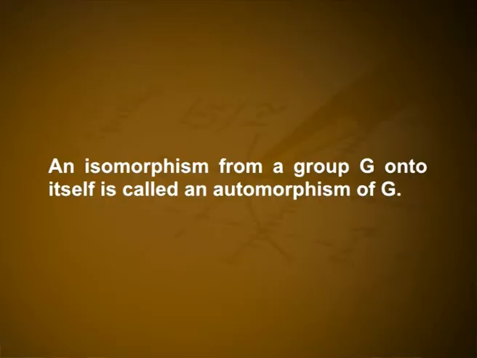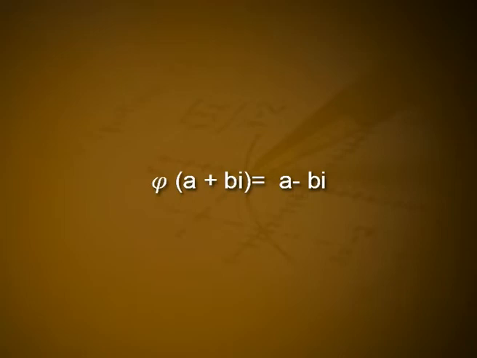Definition. An isomorphism from a group G onto itself is called an automorphism of G. Example, the function phi from C to C given by phi of a plus bi is equal to a minus bi is an automorphism of the group of complex numbers under addition.